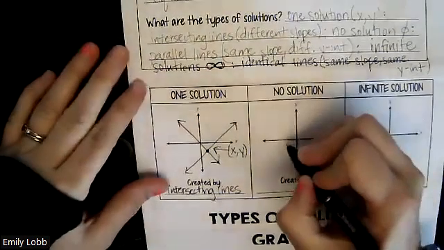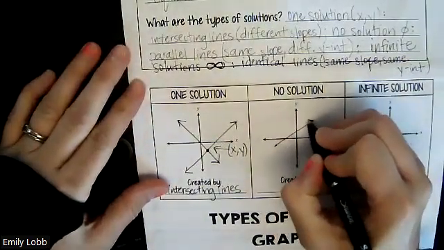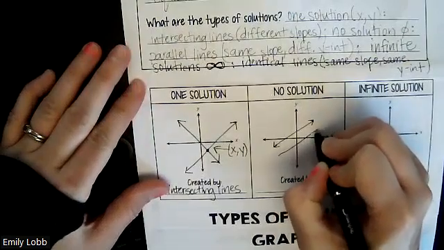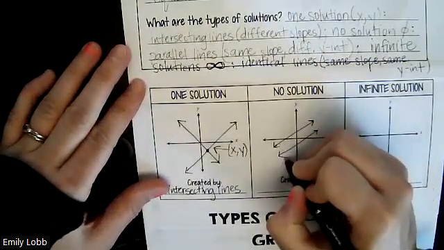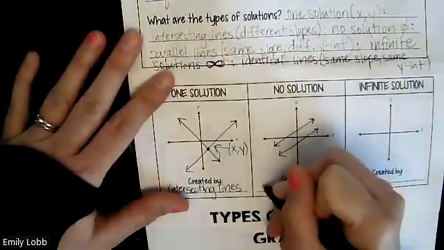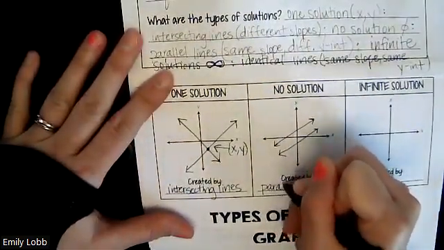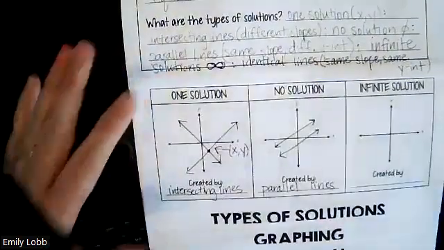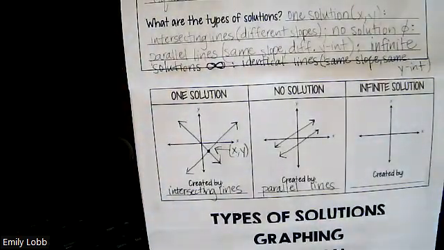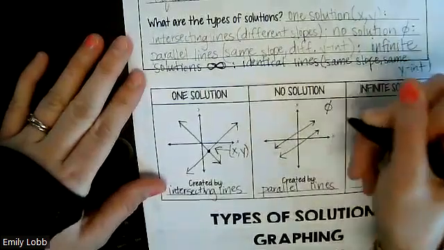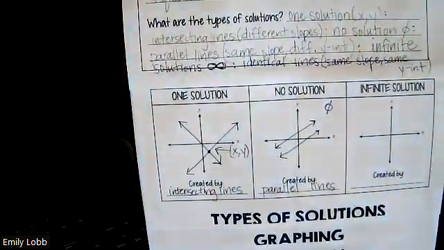Remember, no solution is when we have parallel lines, so we'll do this to the best of our abilities with the naked eye here. These are, I just said, parallel lines. Remember, we say 0 with a line through it for no solution.